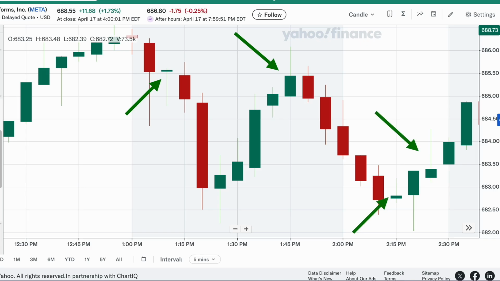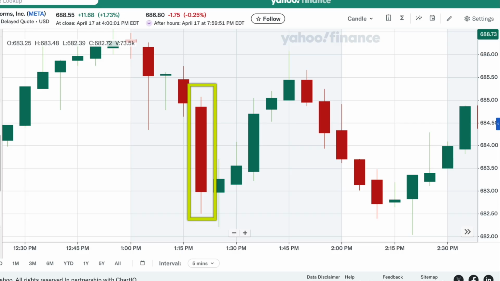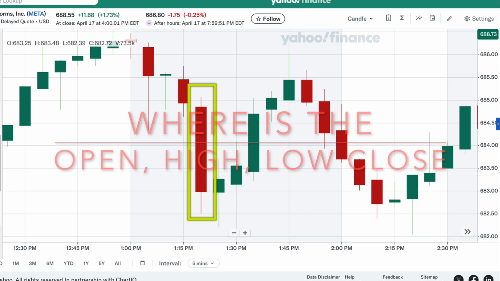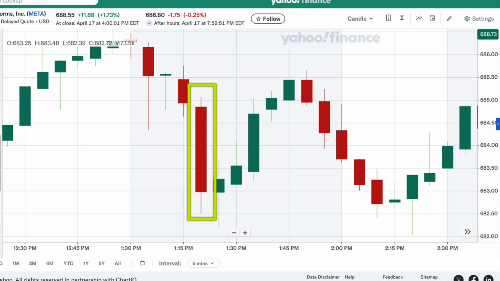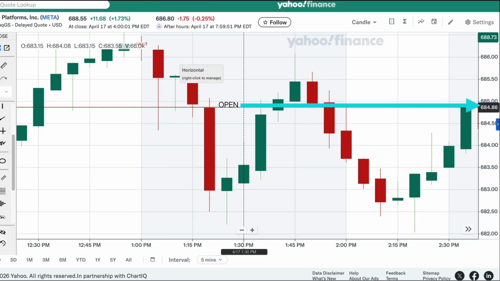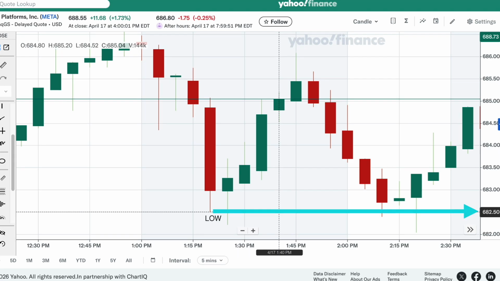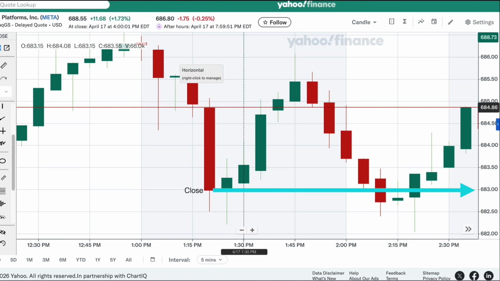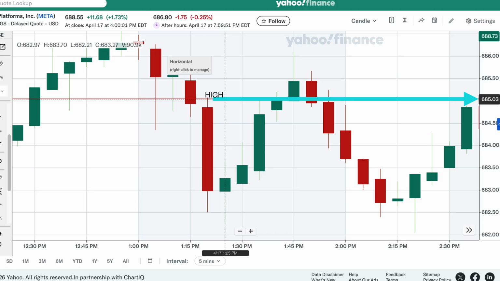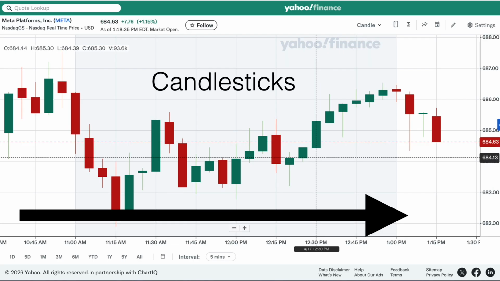Let's see how well you can point out the open, the high, the low, and the close on this candle right here. It's not as hard as you thought.